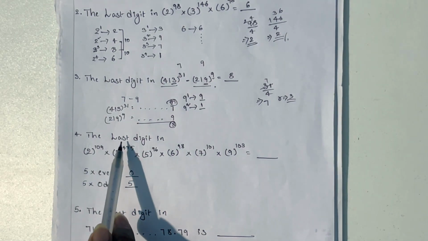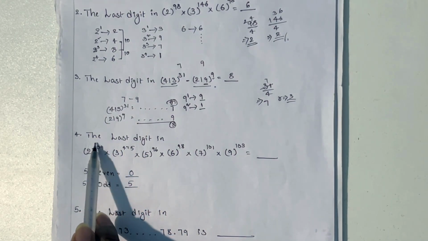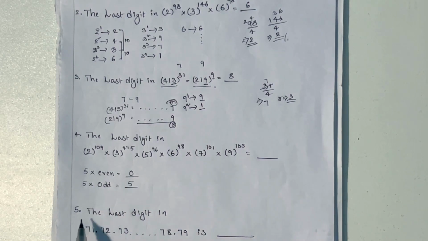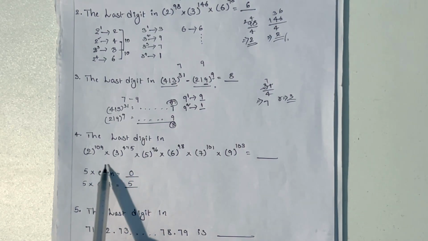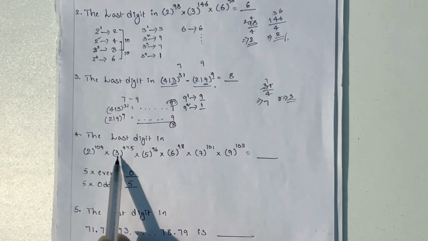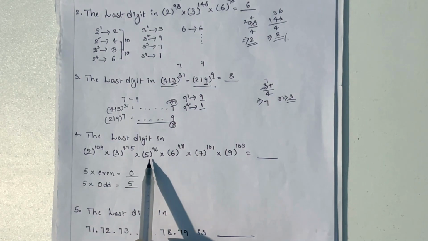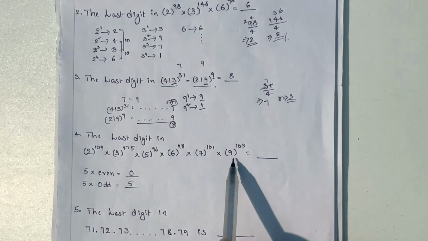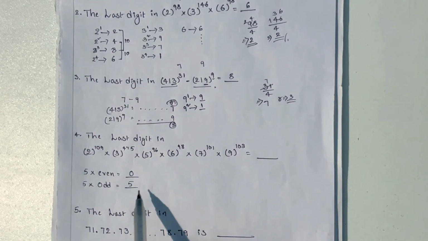In these kinds of problems, you must be careful about these things. This looks like a somewhat big problem, so there is a technique. You can see 2 power 209, 3 power 4, 475, 5 power 96, 6 power 98, 7 power 101, 9 power 103.